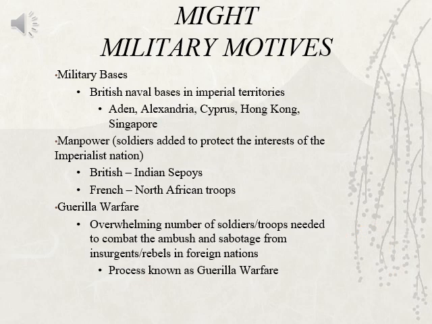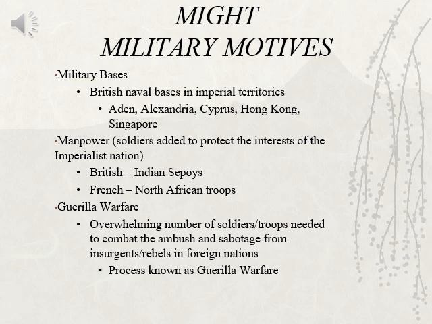Looking specifically at those might motives, the military motives especially, the imperialist nations like Great Britain and France wanted to establish military bases abroad in these imperial territories. The British naval bases began to pop up in cities like Aden and Alexandria, Cyprus, Hong Kong, and Singapore.